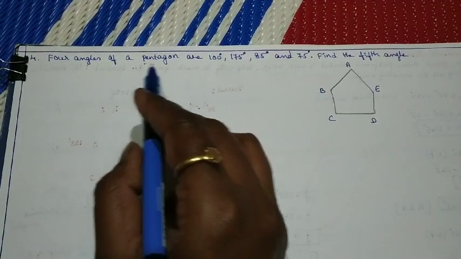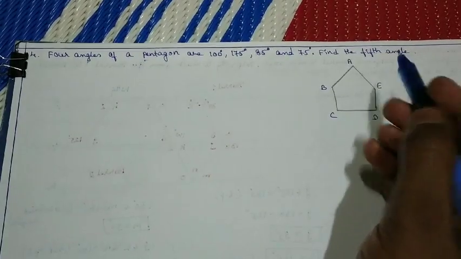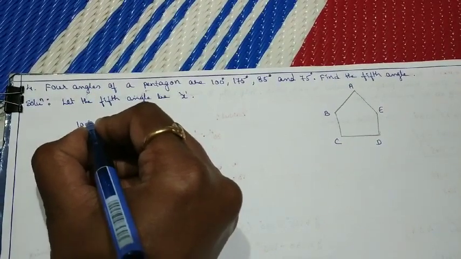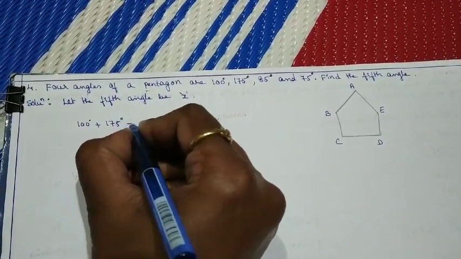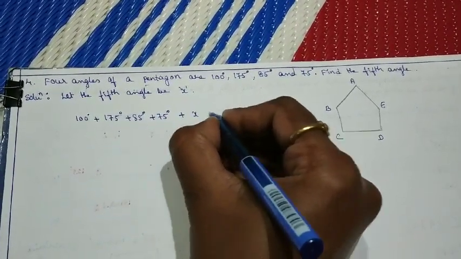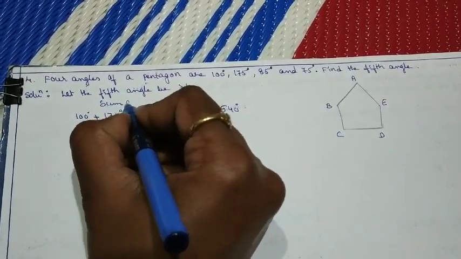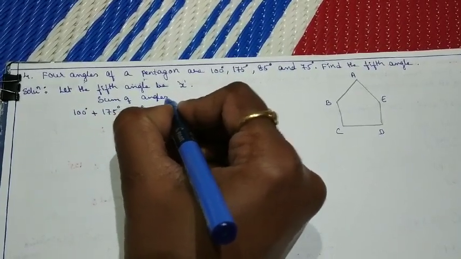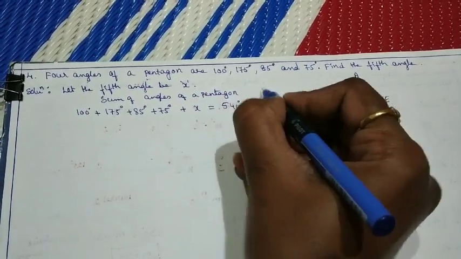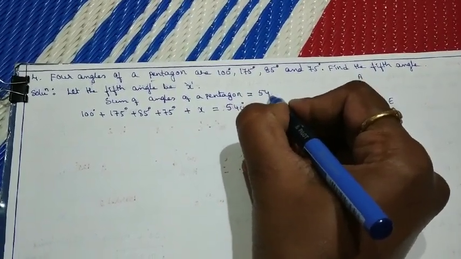As we know that the sum of angles of a pentagon is 540 degree, by applying that ASP of pentagon, we can find the fifth angle. So let the fifth angle be X. Then 100 degree plus 175 degree plus 85 degree plus 75 degree plus X equals 540 degree, because we know that penta is nothing but 5 sides or 5 vertices, and the sum of angles of a pentagon is 540 degree.